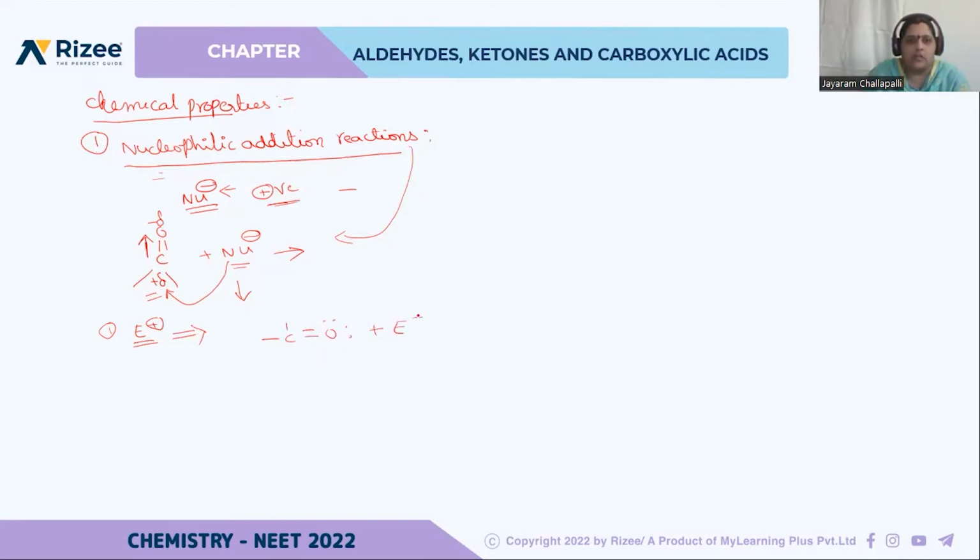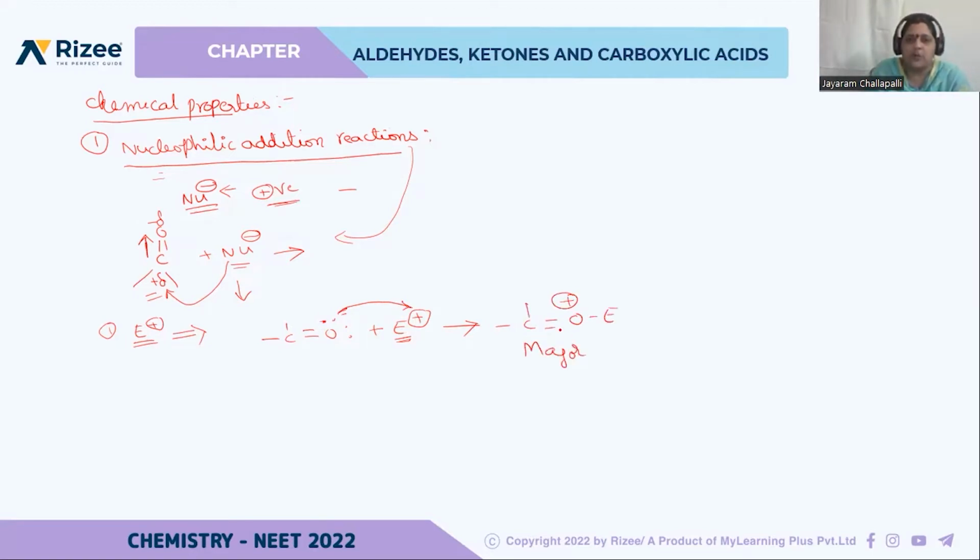When an electrophile comes here, what is going to happen? This electrophile requires electrons. So here, what is going to give the electrons to this electrophile? This oxygen. From oxygen, this electrophile takes the electron, leaving the product as this one.